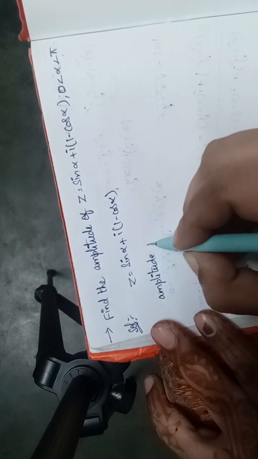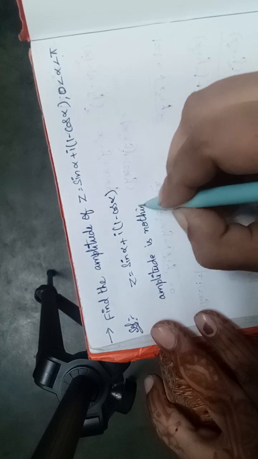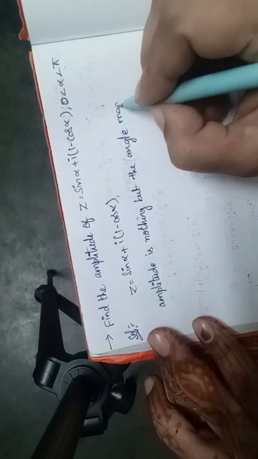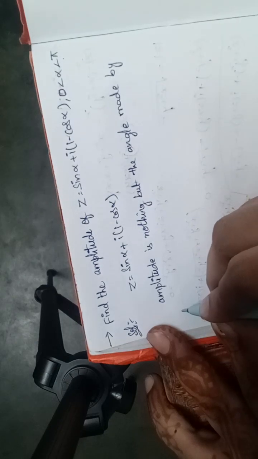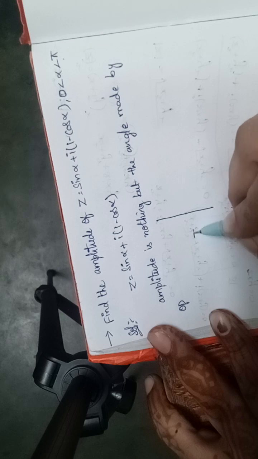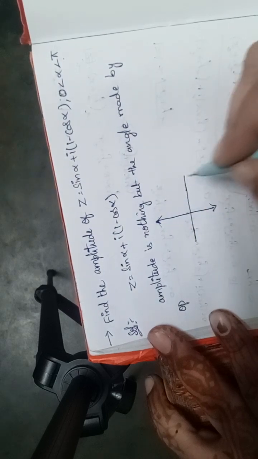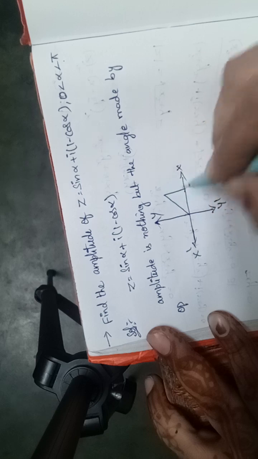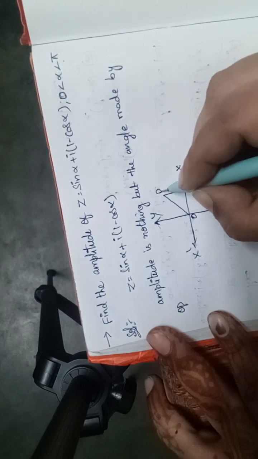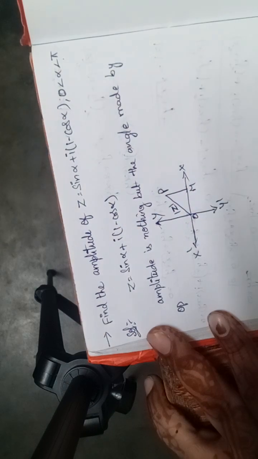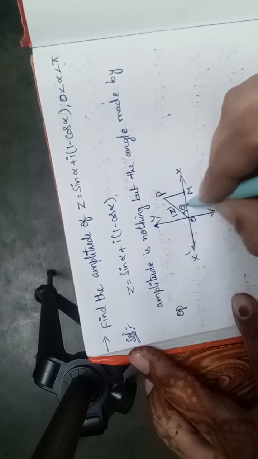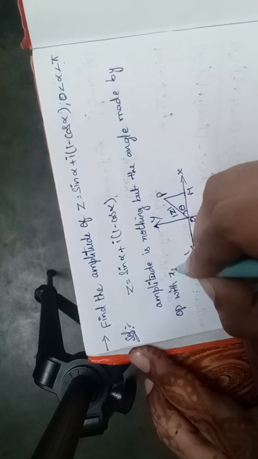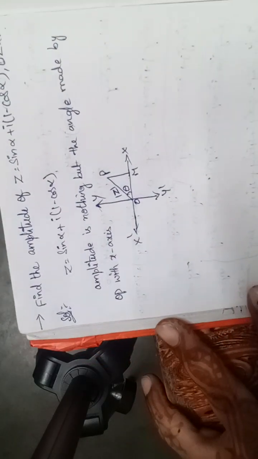Amplitude is nothing but the angle made by OP with the x-axis. Okay, so how to find it?